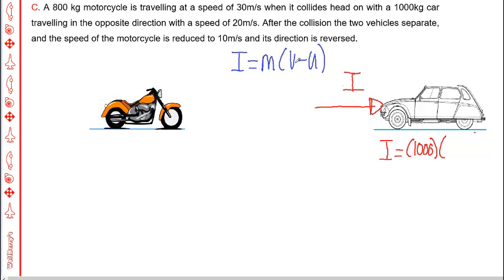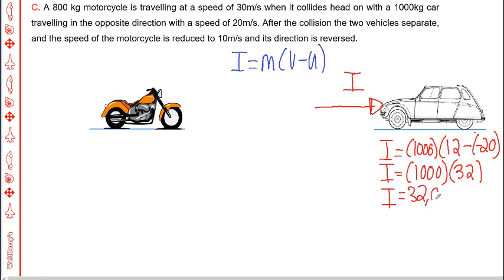multiplied by the final speed of the car, which if you recall from the last part of the question was 12. It was 12 this way, so positive 12, minus, now if you look at the initial speed of the car, it's 20 meters per second this way, so it's minus 20. 12 minus 20 becomes a plus, so it becomes 32. 32 multiplied by 1,000 is equal to 32,000.